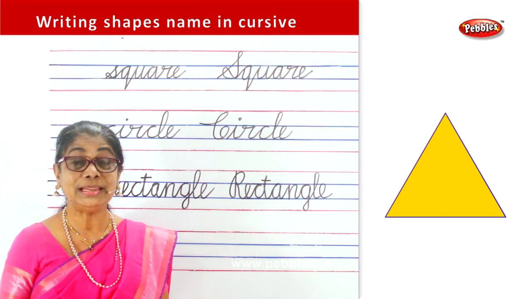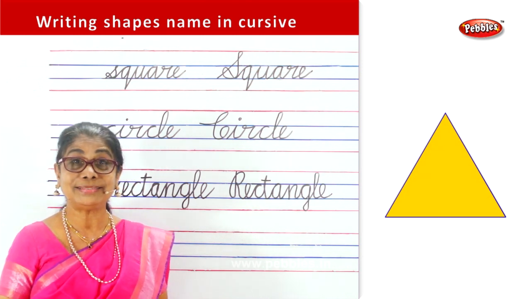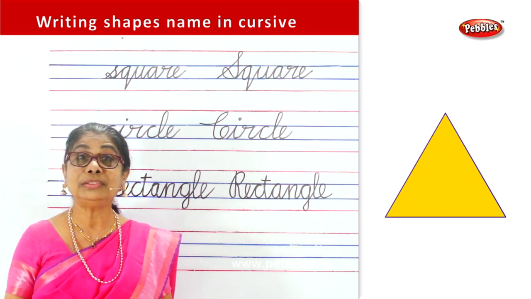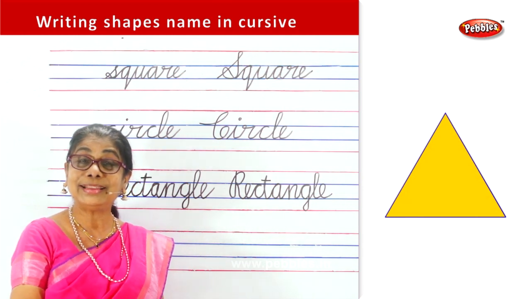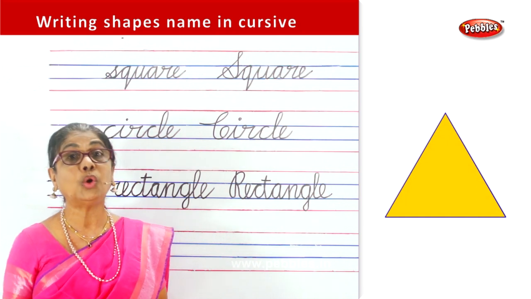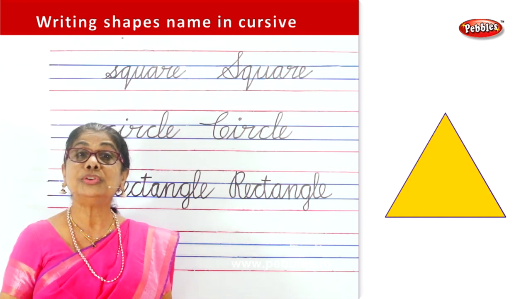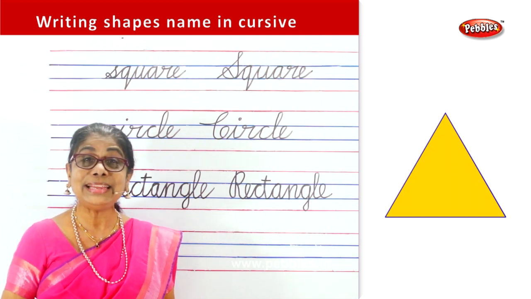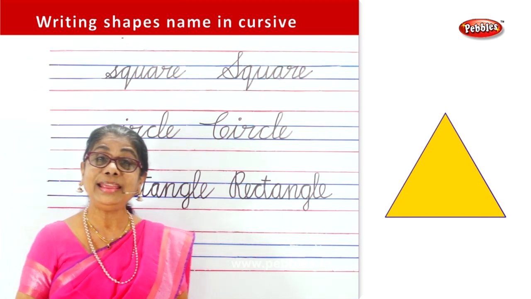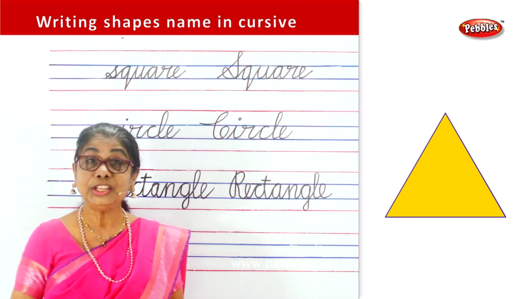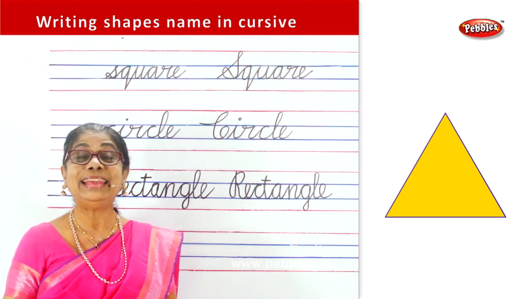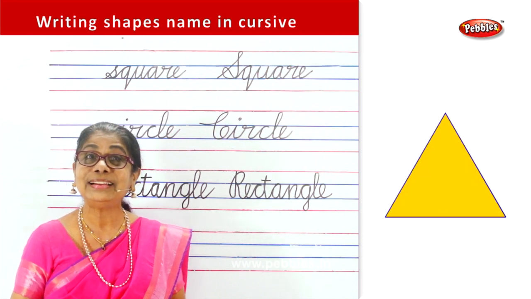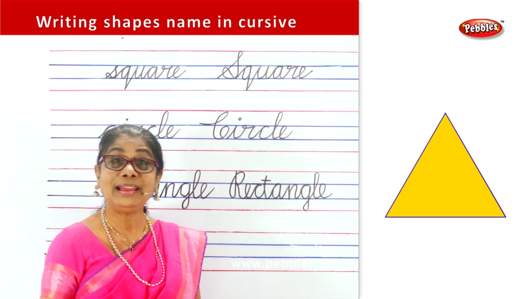Sometimes you see triangular tiles, you see triangular shapes on the cloth, patterns. You will find it sometimes on a wall clock too. Triangle. How do you spell triangle? Triangle. Let's write the spelling of triangle.